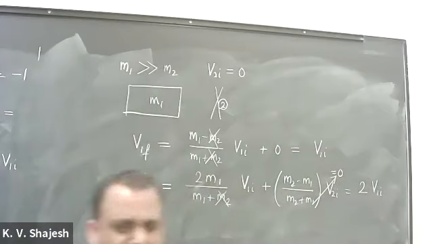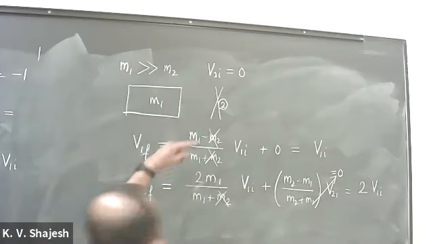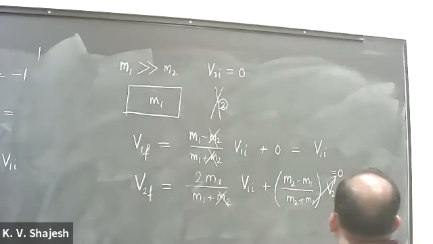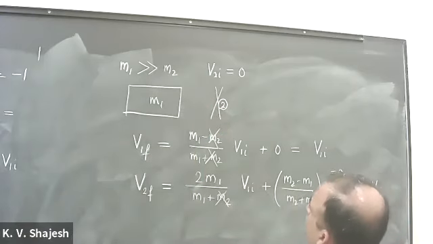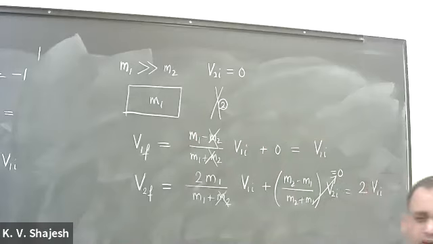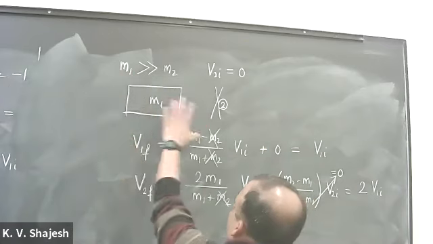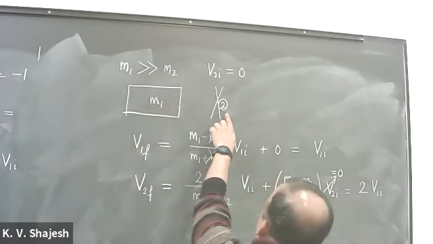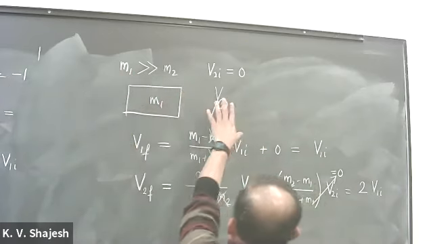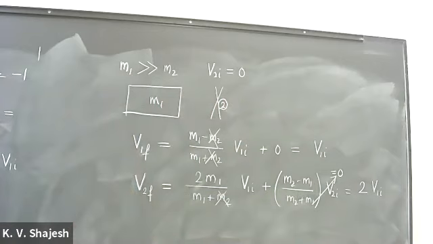What that means is that this tennis ball will go with double the speed of whatever the car speed was. So that's slightly non-trivial: you're moving with 10 meters per second, or let's say 50 miles per hour, and you hit a tennis ball that was at rest. And after the collision, the tennis ball will go at 100 miles per hour.